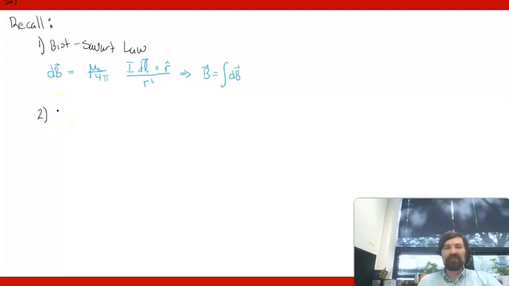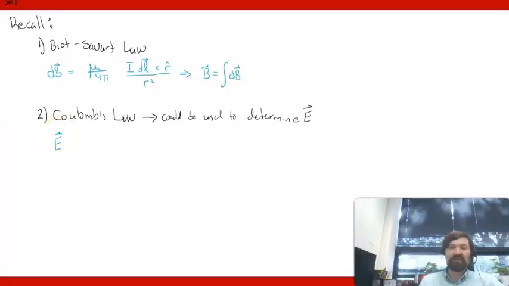The second law to recall is Coulomb's law. I'm putting this in here not because Coulomb's law itself is used to find magnetic fields, but because it could be used to find forces between charges, and then in turn to find the E field. Basically, you could use E equals the force divided by the test charge.